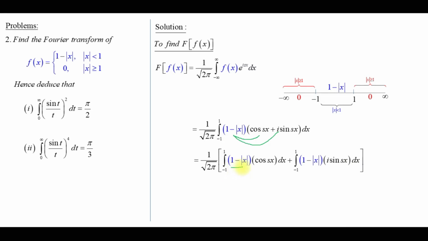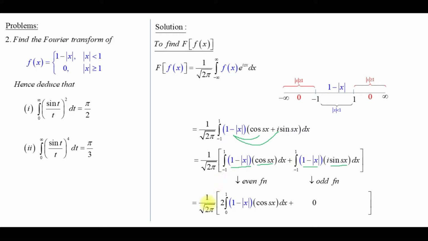The first is an even function because mod x is even and cosine is also even, so even and even is even. Therefore, this can be written as 2 times 0 to 1. Next, sine is an odd function, so even into odd is an odd function. For an odd function, the value of the integral from minus 1 to plus 1 is 0.